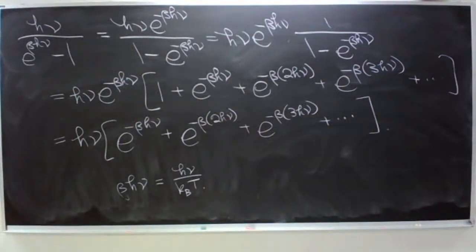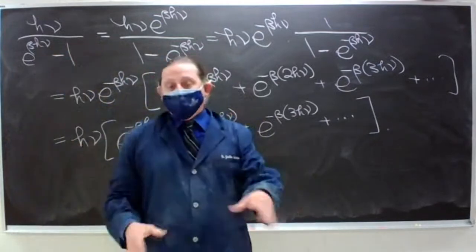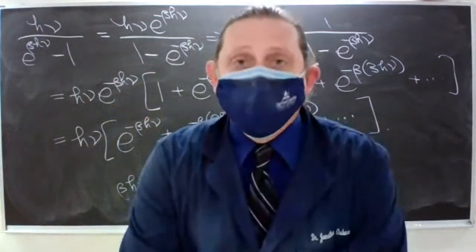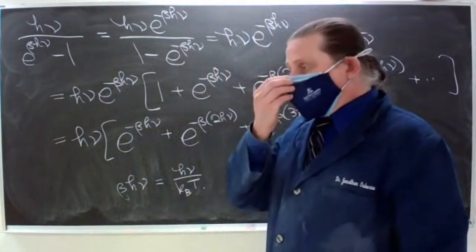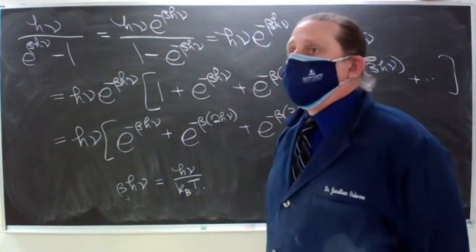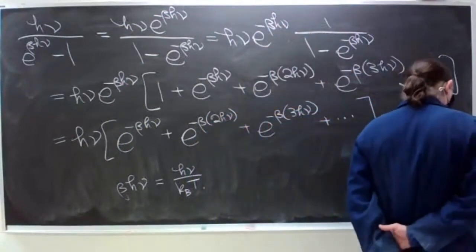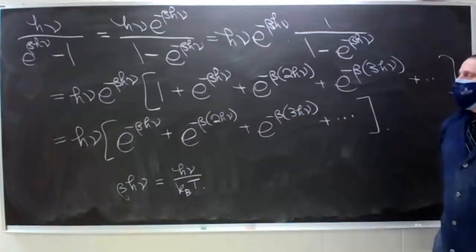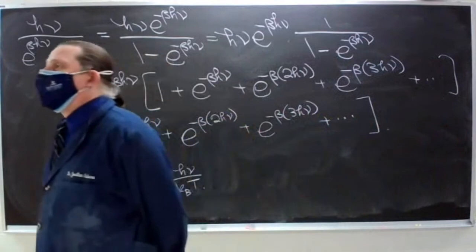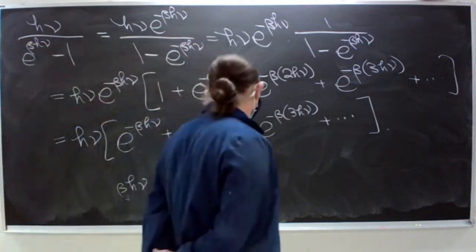Because my understanding is this expression didn't just come to him in a dream. He worked through this, trying to find a way to limit the occupation of these high frequency electromagnetic waves. He didn't believe it when he wrote it down, but then when he compared it to experiment, it worked. It did fit the data coming out of the black bodies.